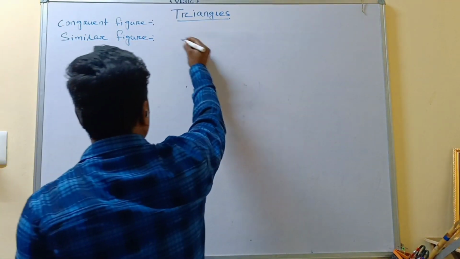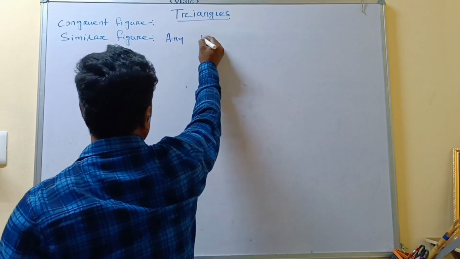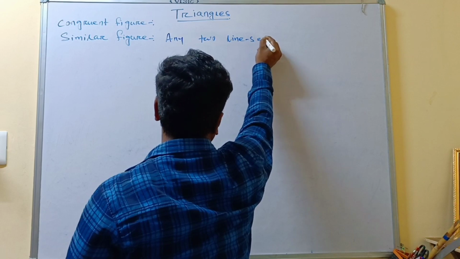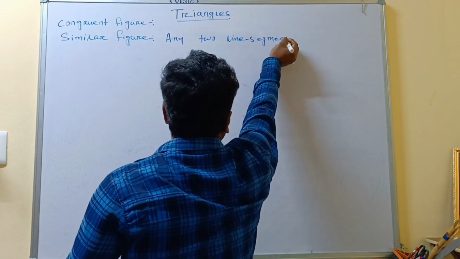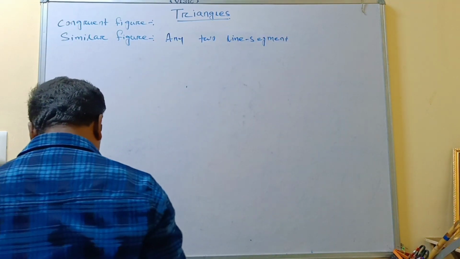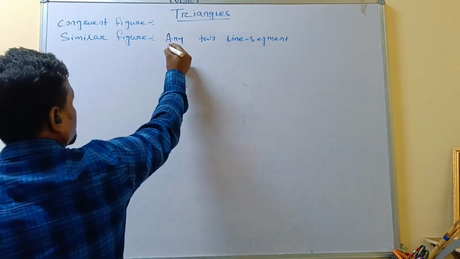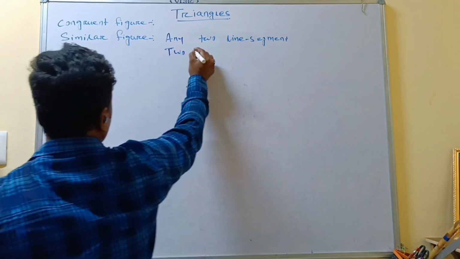Any two line segments are similar. Similarly, we can say two equilateral triangles are similar.